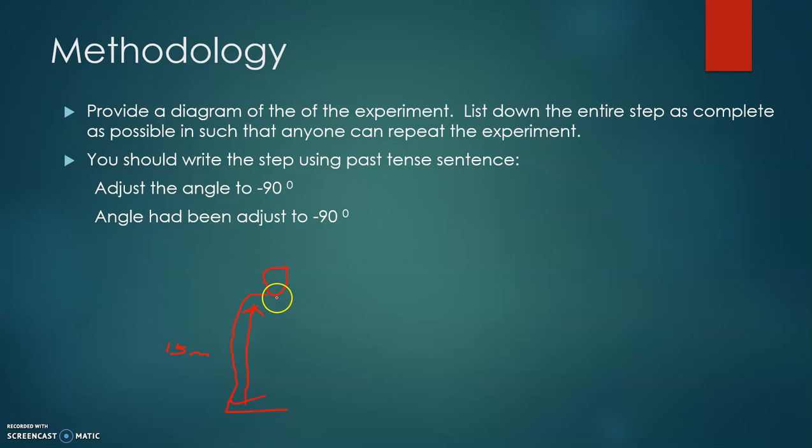Okay, therefore, the blast will be released. The pumpkin will be released from the height until it reaches the ground. And then you put the indication of the measurement of time taken.